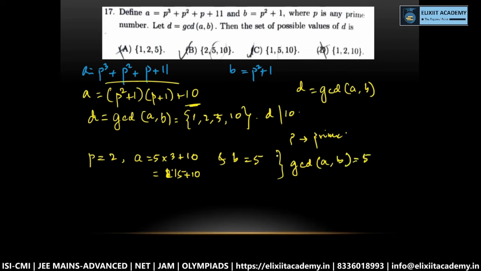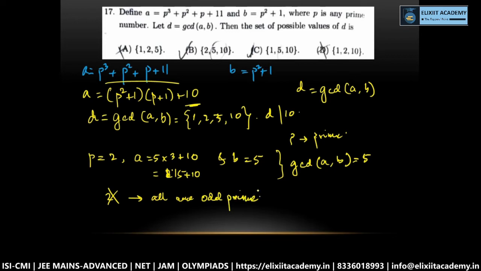Now you know that except 2, all primes are odd, because 2 is the only even prime.